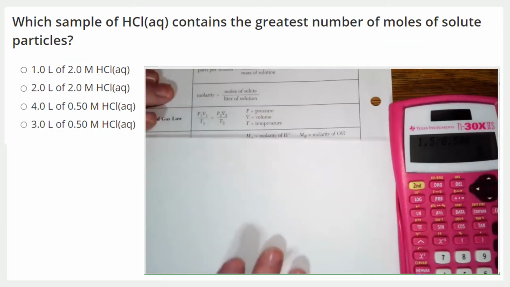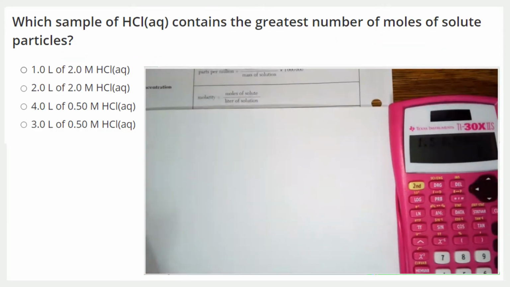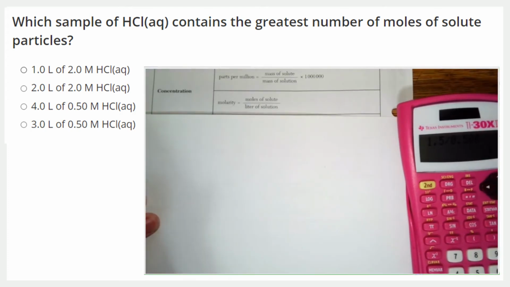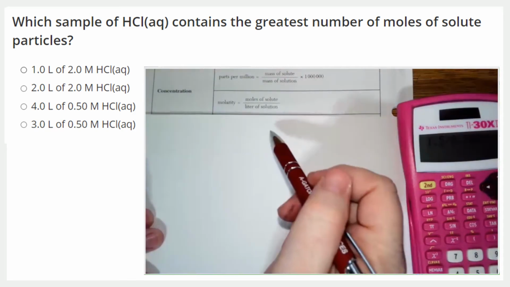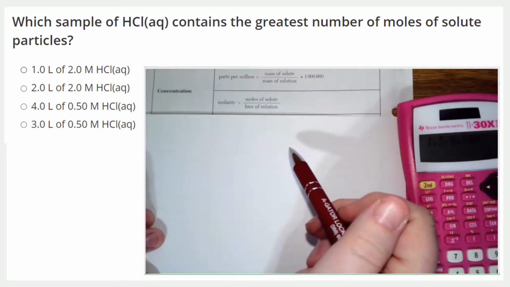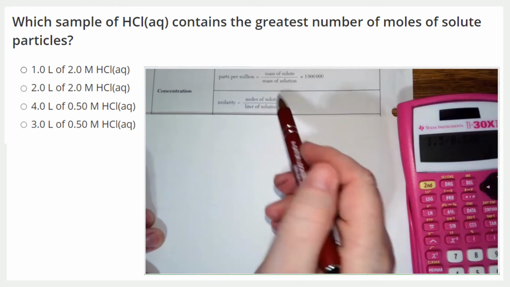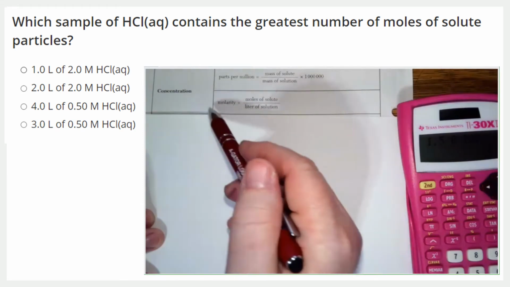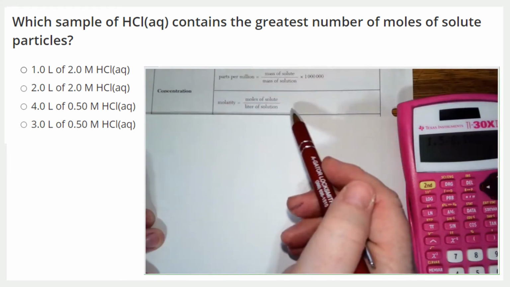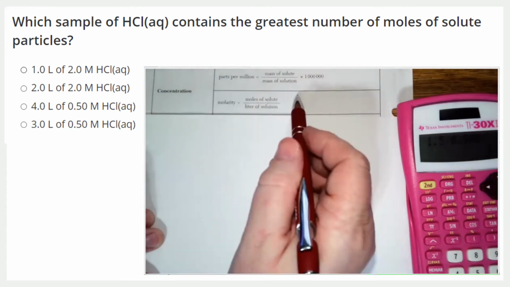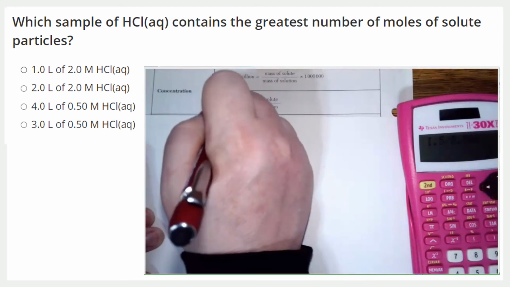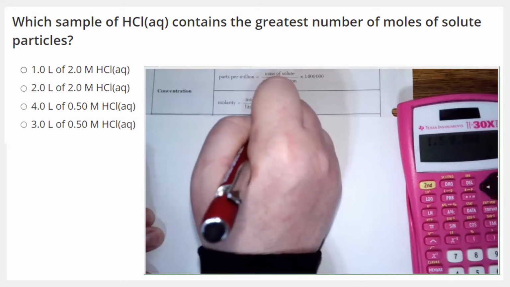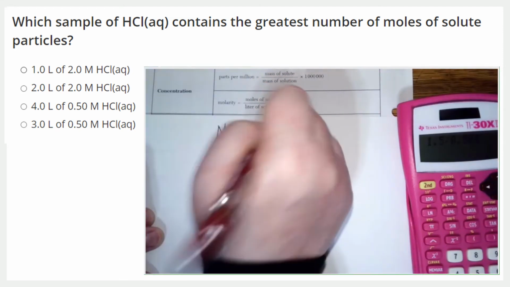Okay, this question uses this formula, but kind of in a weird way. It says, which one of these samples has the greatest number of moles? Okay, so I have a molarity and I have a liters, but I want to find moles. So ideally what I'm going to do is just rearrange this formula. Molarity equals moles divided by liters.